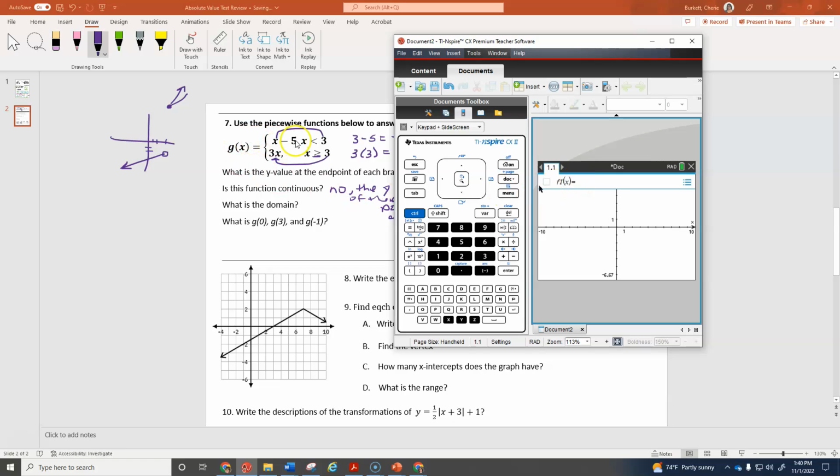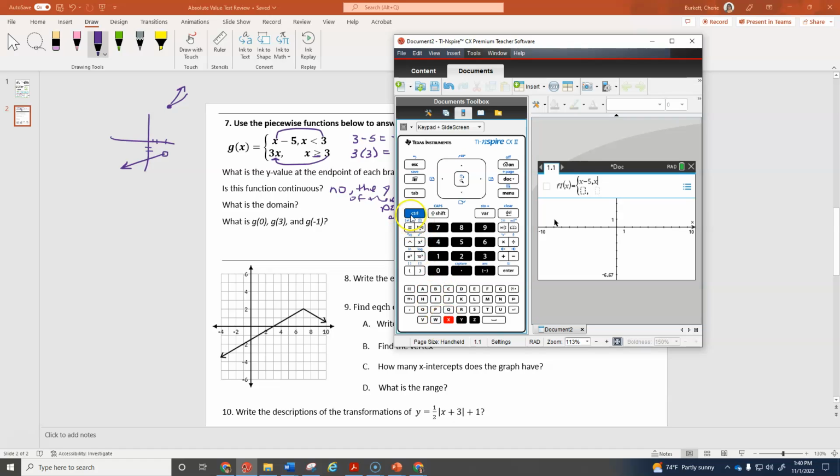I'm going to do this piecewise function. So I'm going to click the template menu and grab the piecewise function template. I'm going to type in x minus 5 in the first box, and here I'm going to type in x.